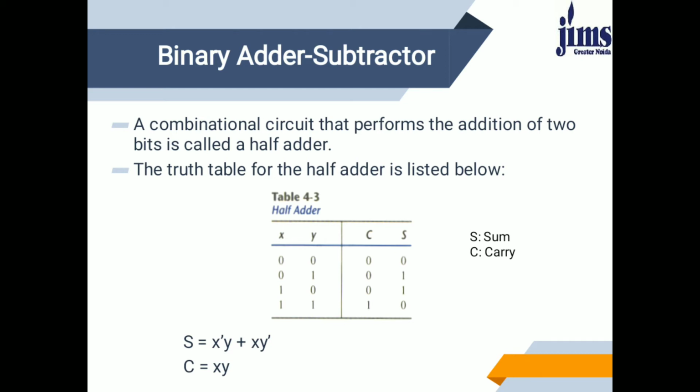After adding, as you know the binary addition, the sum will be 0 1 1 0, and if both the inputs are 1, then carry will be generated. In that case sum equals 0 and carry equals 1. If we make a K map of these, then the expression will be S equals x bar y plus x y bar, and for carry the expression is x into y.